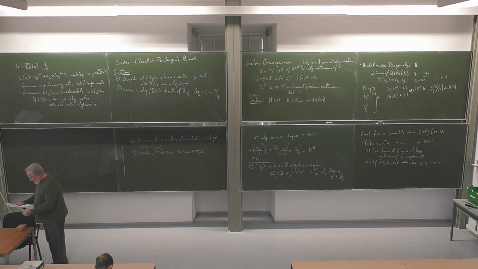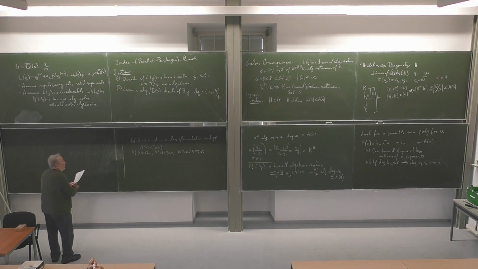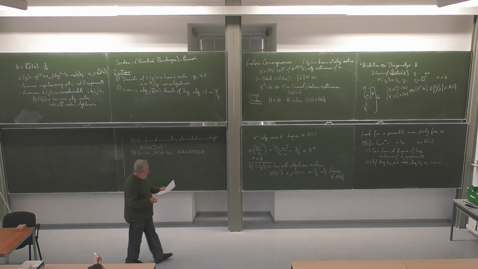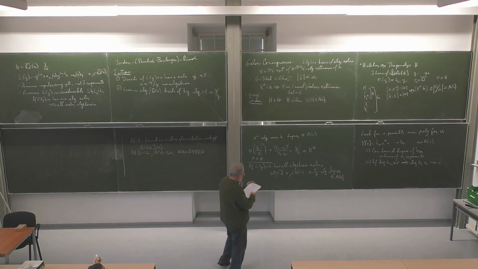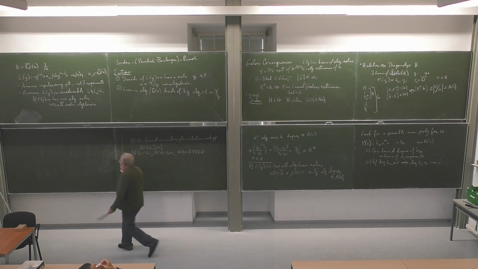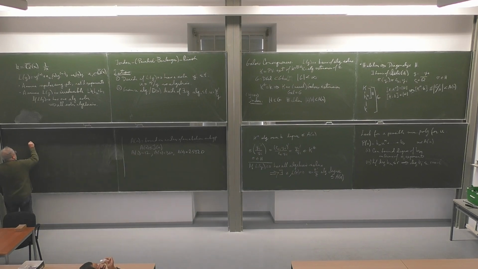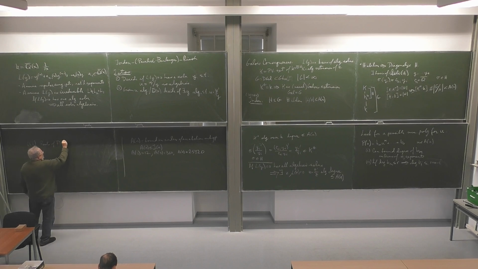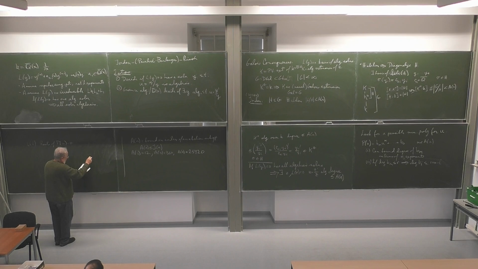So let's see how we do this. So this is going to be the minimum polynomial. So I want to prove 2. So the roots of p of u equals 0, I'm going to call them u1 to um.